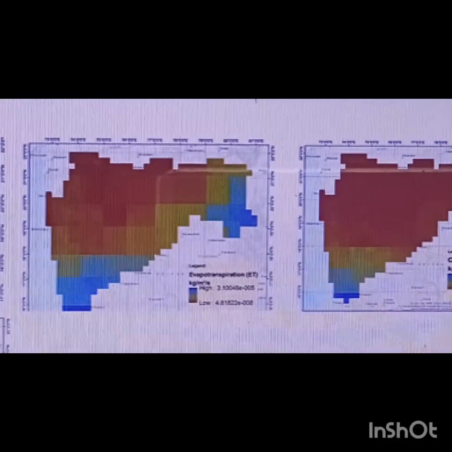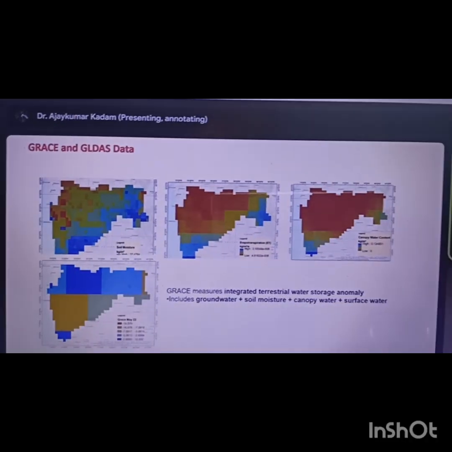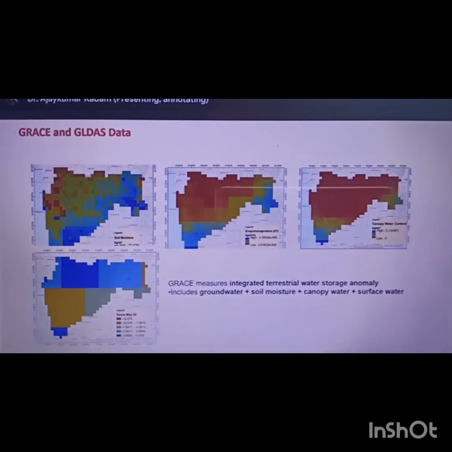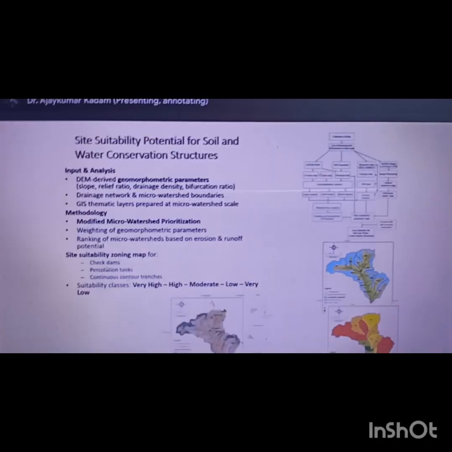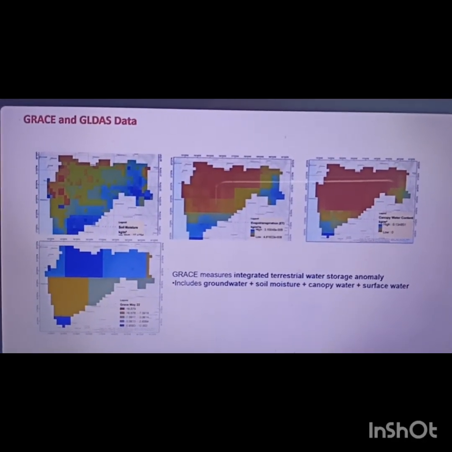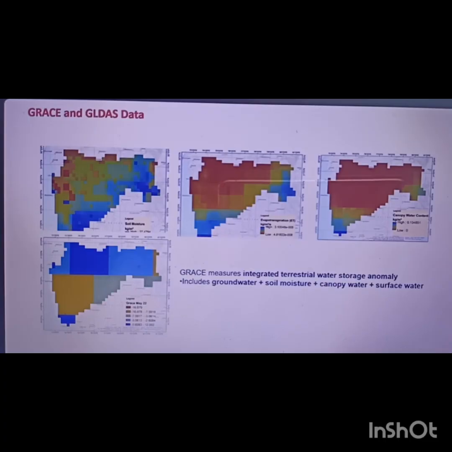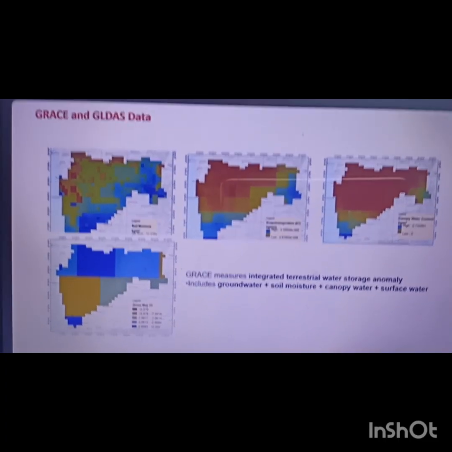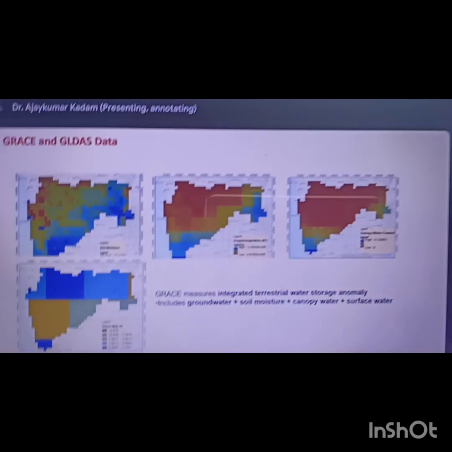With this, we are also using the GRACE satellite data, as I said. For the GRACE data, we are using layers such as soil moisture, evaporation, and the canopy water content, and we finally get this.